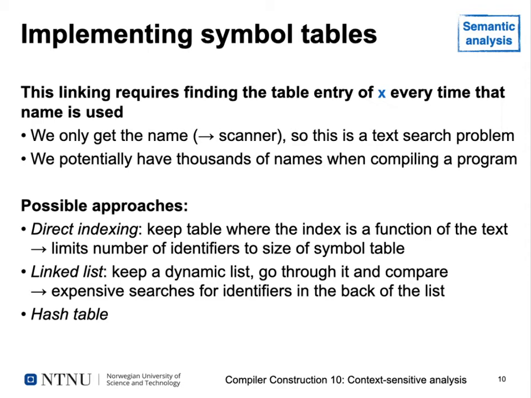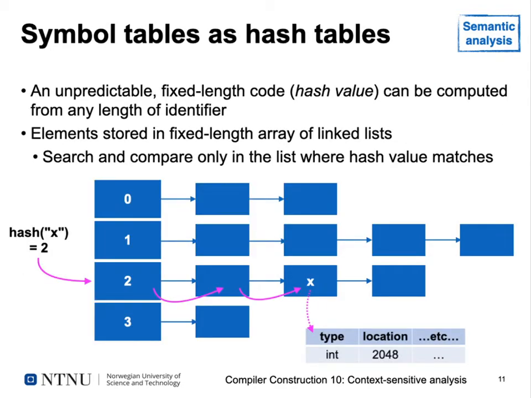One approach to solve this problem you've probably seen before already is to use a so-called hash table. Hash tables are a very common approach to implement symbol tables. What hash tables do is they try to convert whatever comes in as a parameter to a hash function into a number. For example, we have a number of slots here, which are unique, identified 0, 1, 2, and 3 as a hash value.